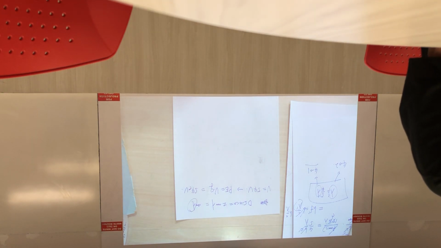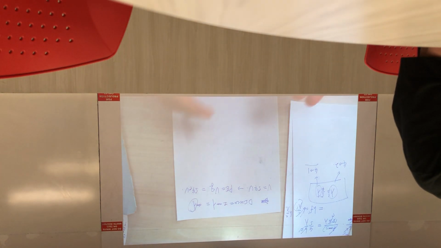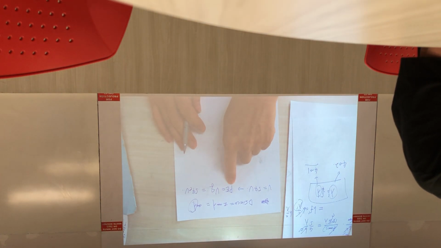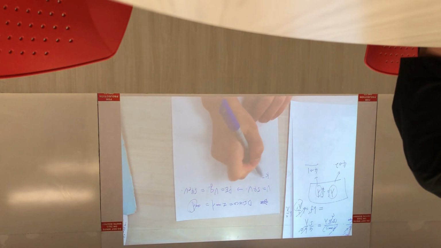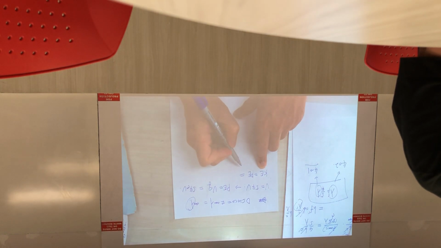When the electron is about to hit this atom, it will have the maximum kinetic energy. So we can consider that all the potential energy is now converted to kinetic energy, which is 54 electron volts.